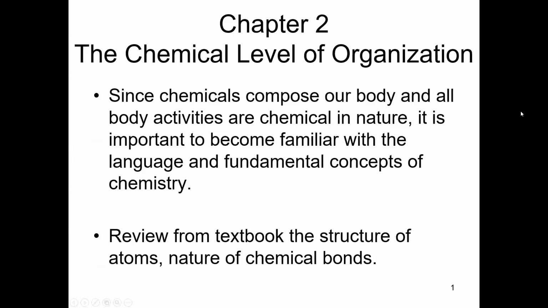So the reason why we have a chapter about chemicals in this anatomy and physiology class, because we observed way back in chapter 1 that one of the basic life processes is metabolism.